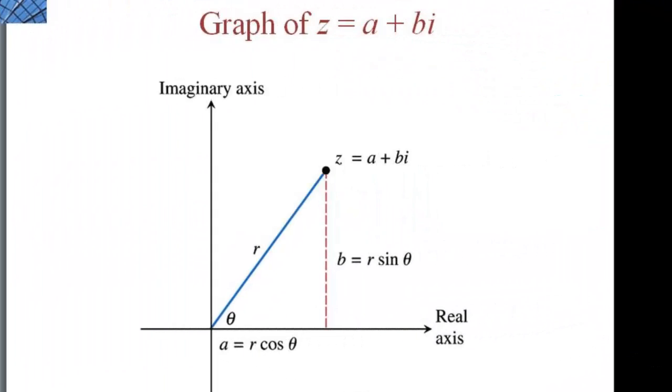So you can see here the graph of our complex number z, which is equal to a plus bi. a is the real portion and bi is the imaginary. So we've plotted the point there, and you can see the distance from the origin to z is r, which is our absolute value or modulus.